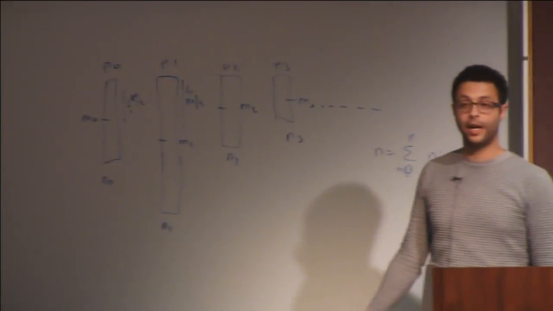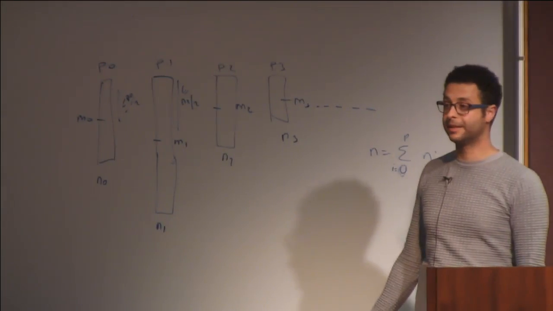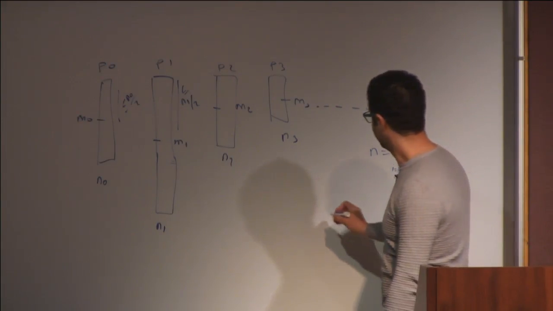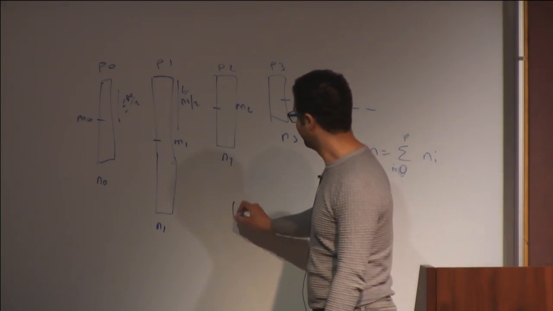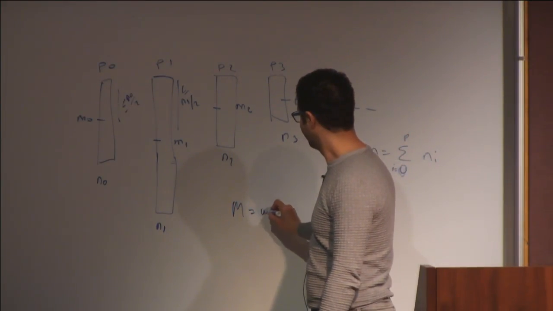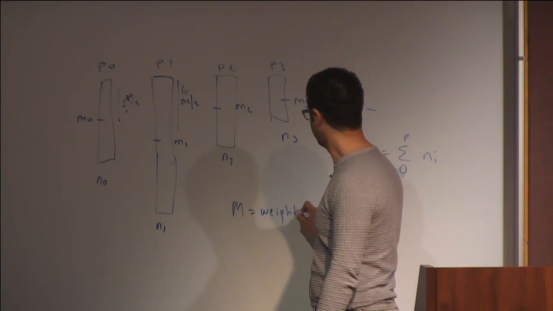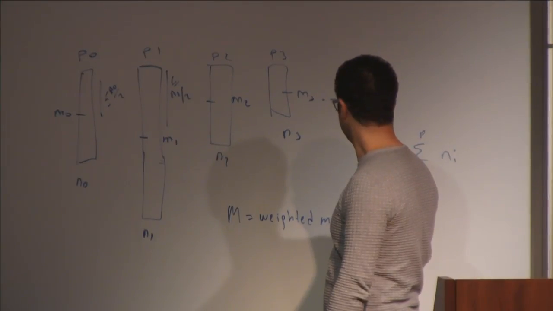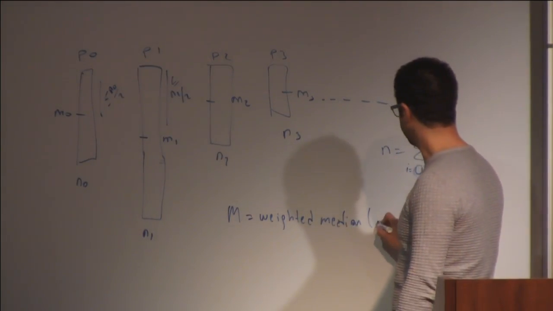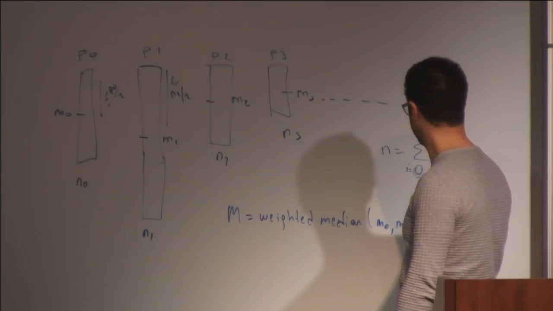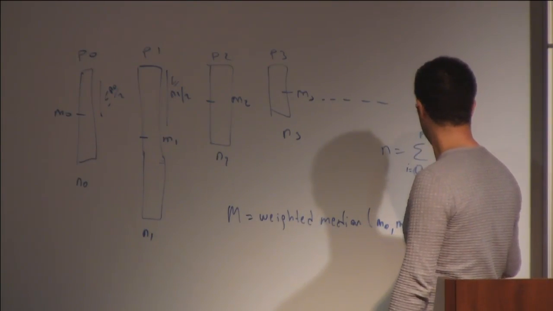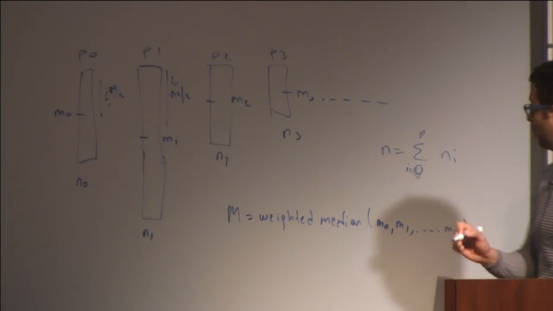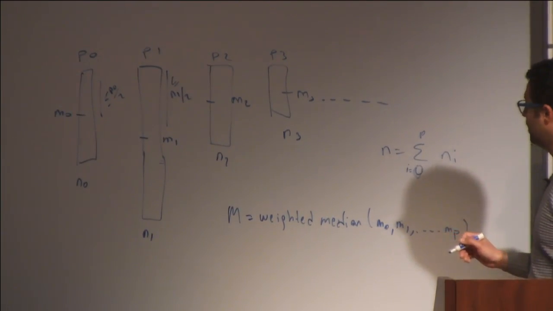So how much am I getting rid of by this concept? Again, just to remind you, big M is the weighted median of these medians, M0, M1, through MP.